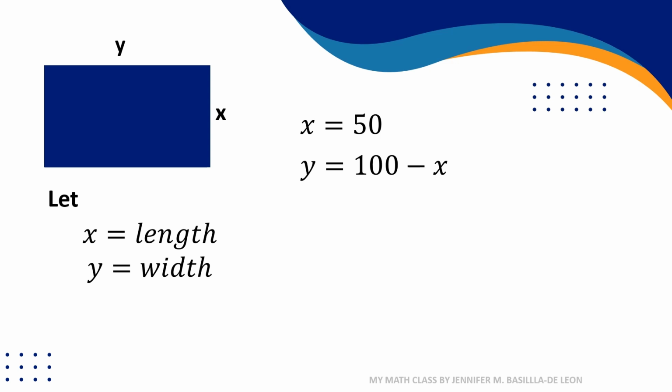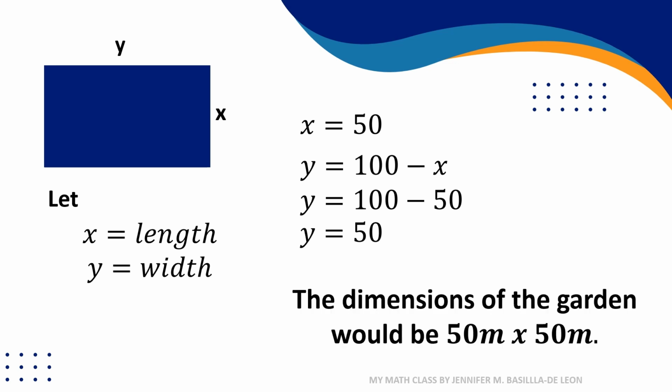Now that we know x equals 50, we can substitute it back into our equation for y. That is, y equals 100 minus x, resulting to y equals 100 minus 50. This gives y equals 50, so the dimensions that maximize the area are 50 meters by 50 meters.